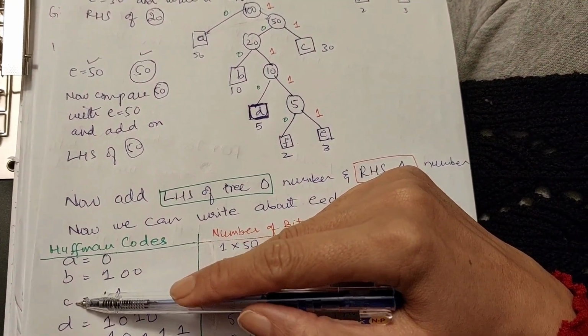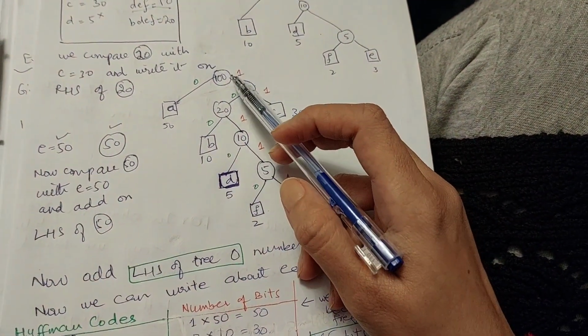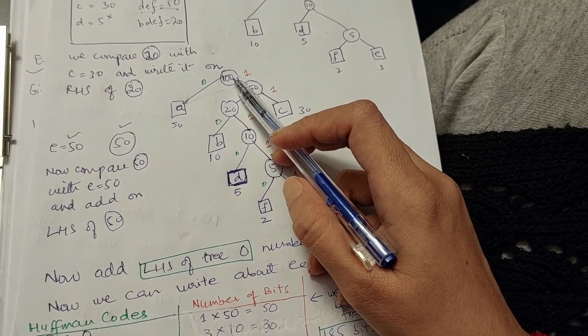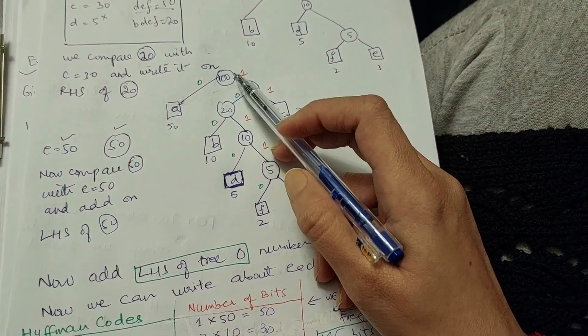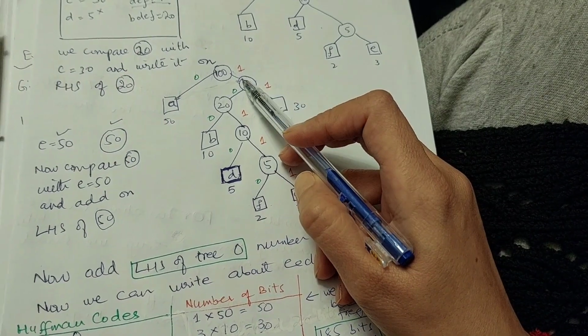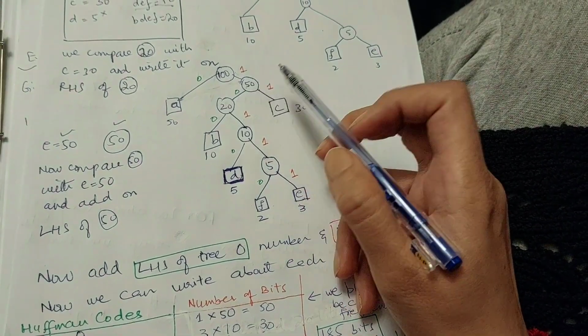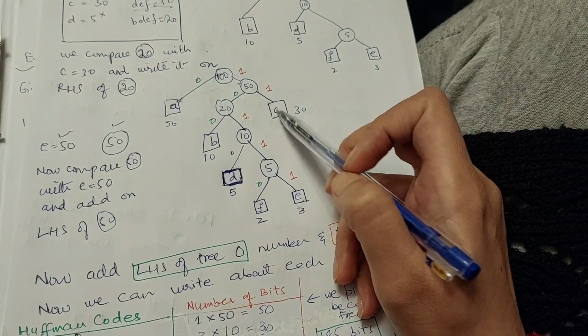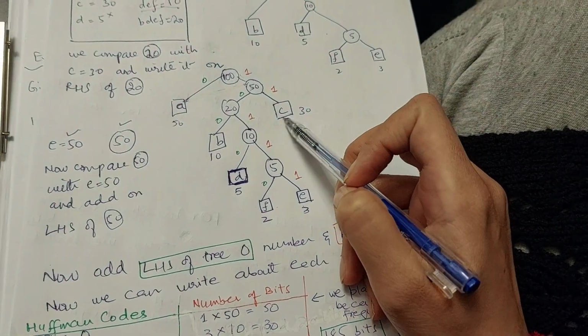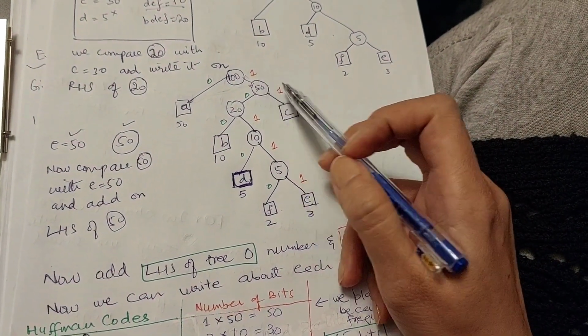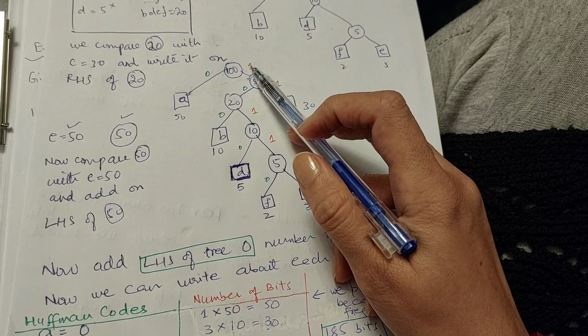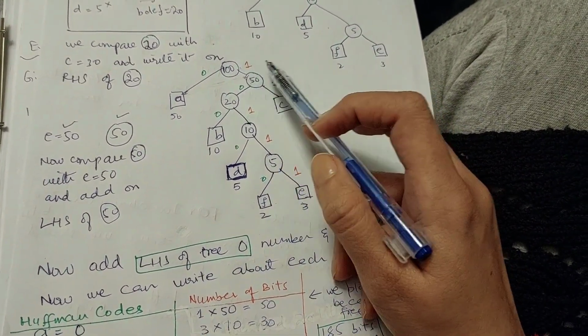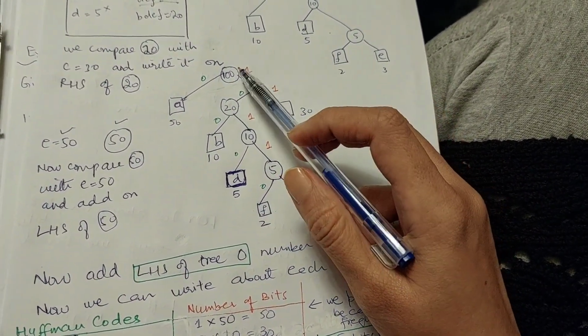Okay, so what is the code for C? Start traveling from the root again. So I get 1, then I go further, and again I get 1, and there I reached C. So my Huffman code for C will be 1 and 1, because I encountered 1 and 1 when I was trying to reach C from the root.